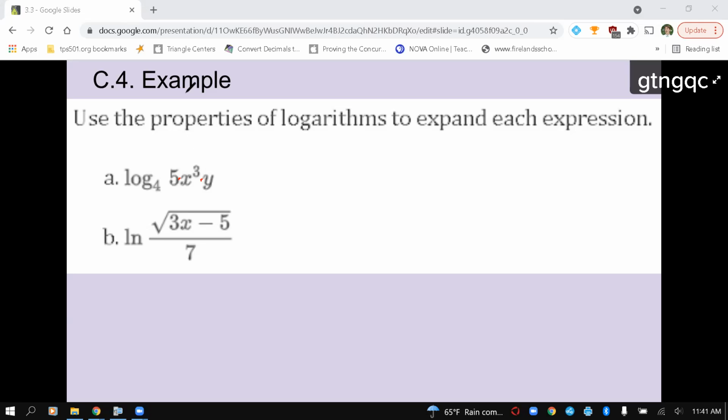So this will become, first step, log base 4 of 5 plus log base 4 of x cubed plus log base 4 of y.